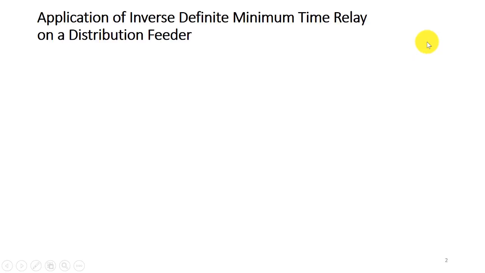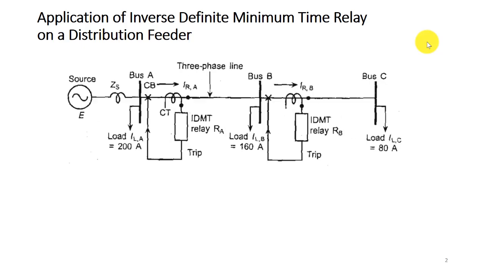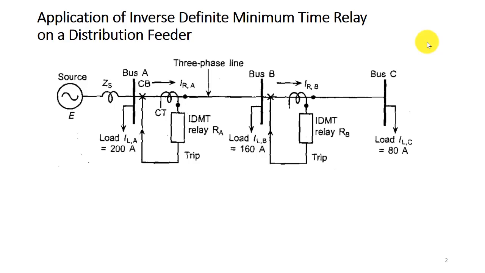So we'll see the application of the inverse definite minimum time relay on a distribution feeder. Let us consider this single feed distribution feeder.